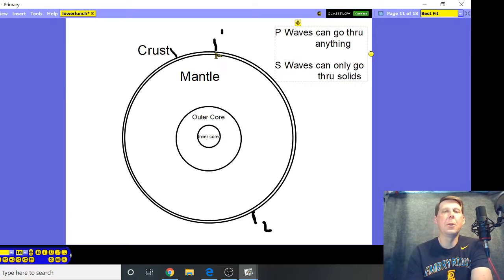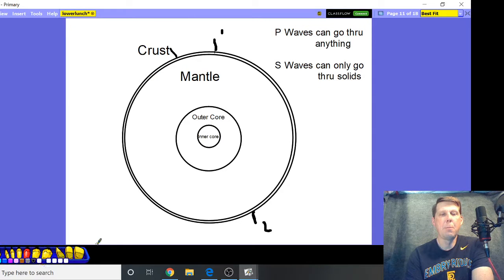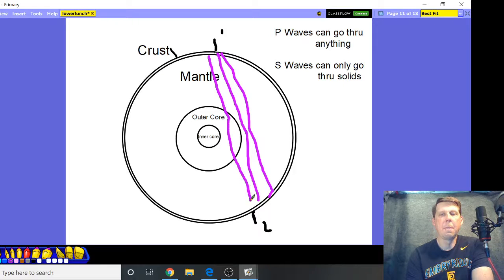If an earthquake happens here, it's going to send out both P waves and S waves. And seismic monitor number 2 is going to get, so I'm going to put the P waves in purple. The P waves can go through anything, so you're going to get P waves here, here, and going through.